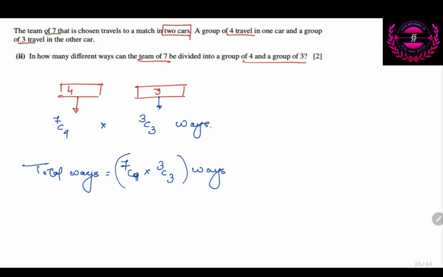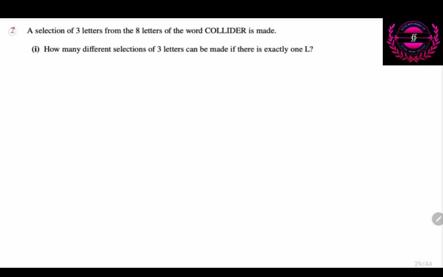Let's move to the next question. See, this is question number 21. A selection of 3 letters is to be made from 8 letters of the word collider. How many different selections of 3 letters can be made if there is exactly one L?